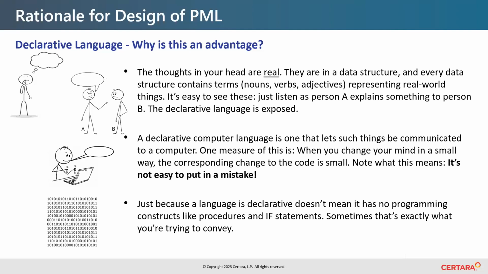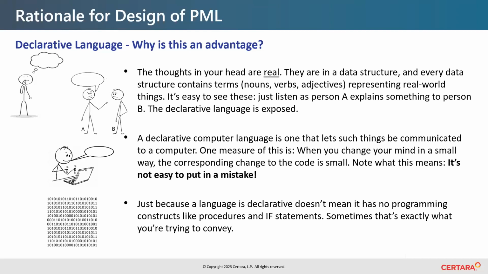If you just listen to two pharmacometricians talking to each other, you can easily see the nouns, verbs, and adjectives being used. And that's what the declarative language should contain. A declarative computer language is one that lets such things be communicated to a computer as well as to another person.